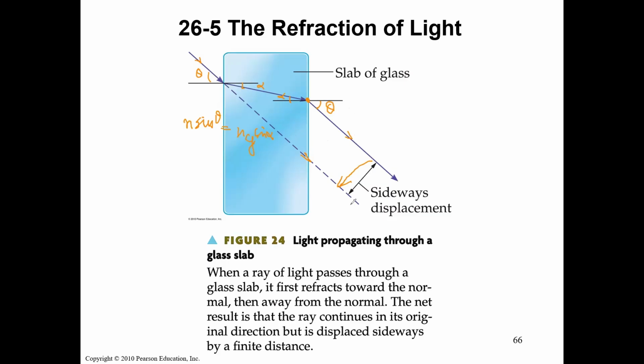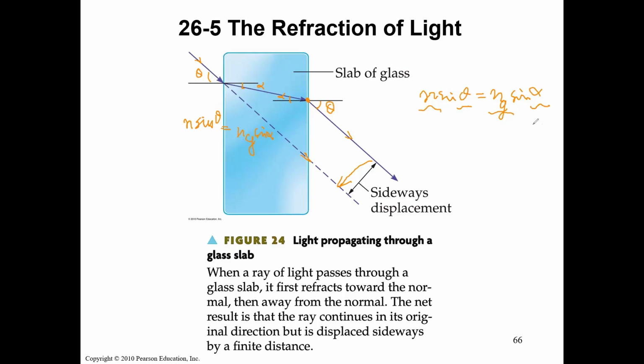Can we actually calculate this, how much displacement is in there? Okay, first we have this Snell's law. We have n sine theta equals n glass sine alpha, right? So from there, if you know n of outside medium, if you know the angle of incidence, if you know the index of refraction of a glass, you can solve this angle alpha inside the glass.